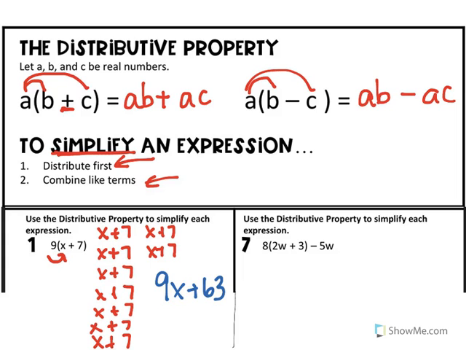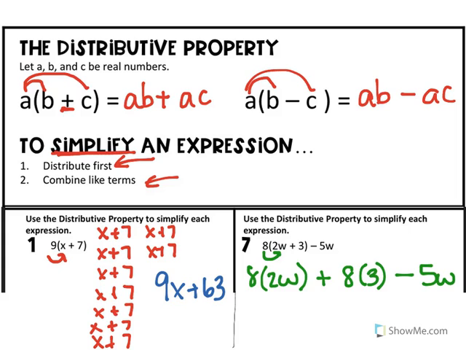Well, that takes forever writing, so essentially I can just multiply. So if you look at number 7, I'm going to do that. 8 times 2w, plus 8 times 3 minus 5 times w.